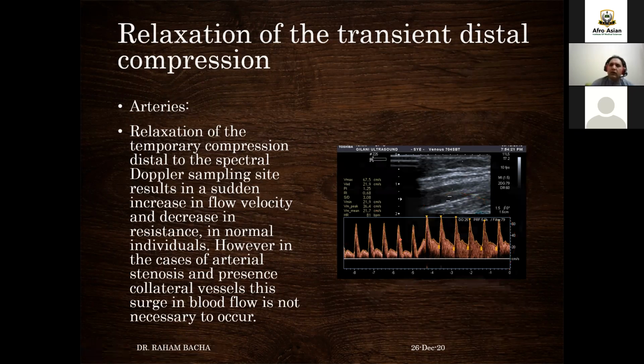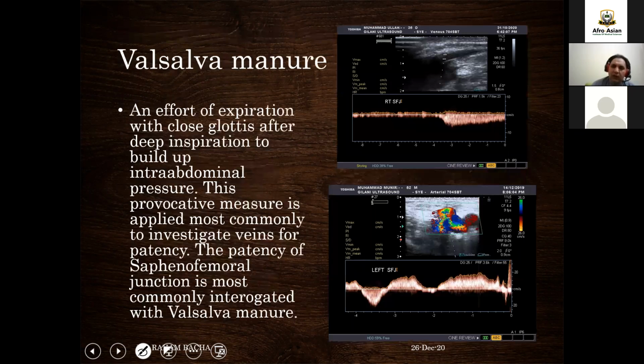Then, commonly used in the vascular lab is the Valsalva maneuver, for the evaluation of chronic venous insufficiency or venous valve evaluation. Here, an effort of expiration with closed glottis after deep inspiration builds up intra-abdominal pressure.